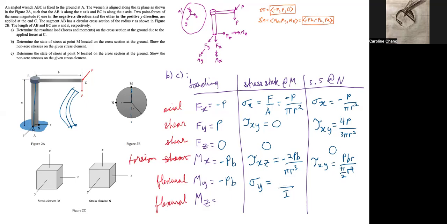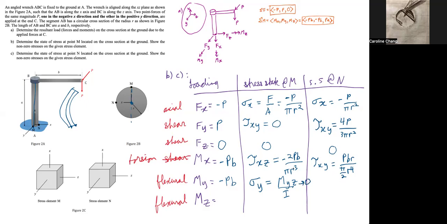Sorry, actually, let's be more explicit. So it'll be My times z. But over here, the z direction, which is the distance from the centroid of the cross-sectional area, is going to be 0.